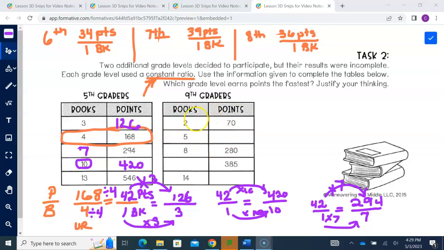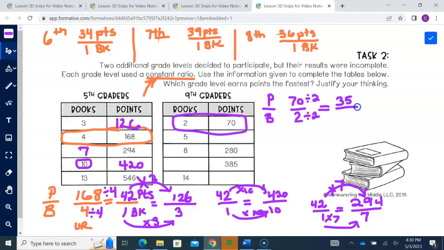So now let's take a look at the 9th graders. It looks like they earned 70 points after reading 2 books. We should be able to figure out, again, it's points to books. It's 70 to 2, 70 points for 2 books. And then we're going to find the unit rate, because that's a nice, easy fraction to scale up and scale down when it comes to these tables.